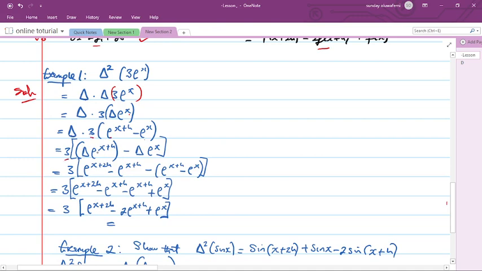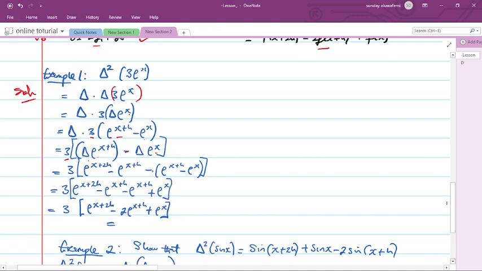So then we are going to have exponential x plus h minus exponential x. By the time we implement this forward difference operator on this, we are going to have exponential x plus 2h minus exponential x plus h.